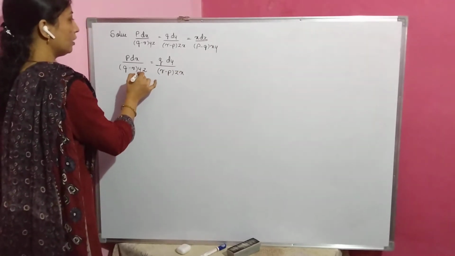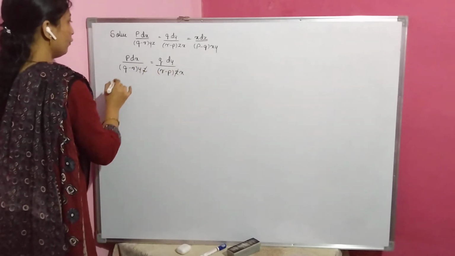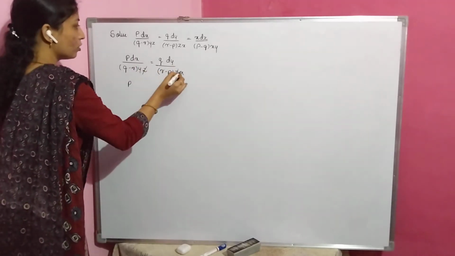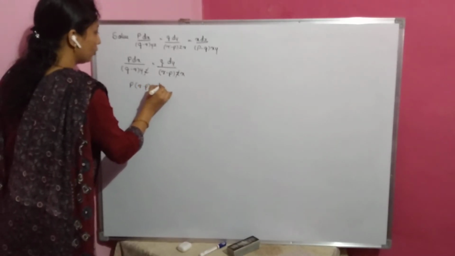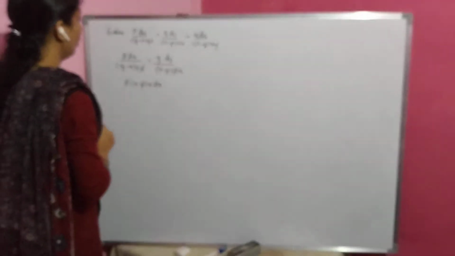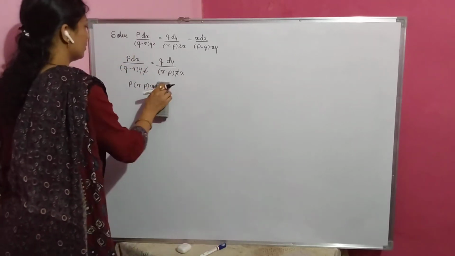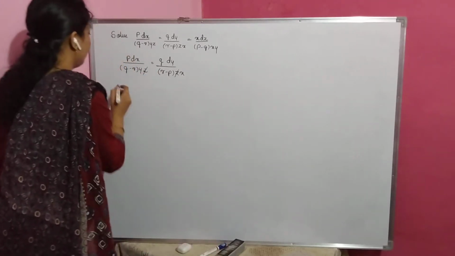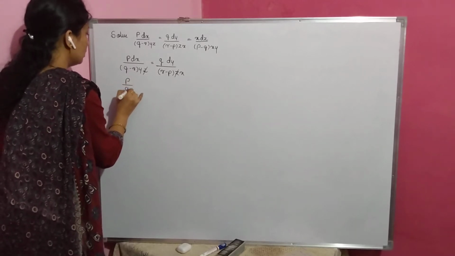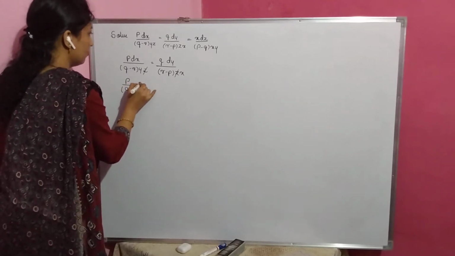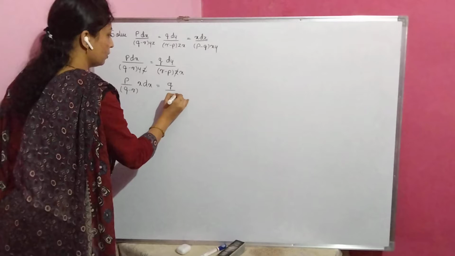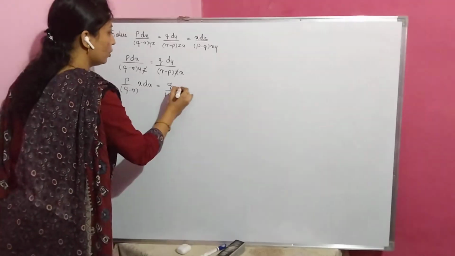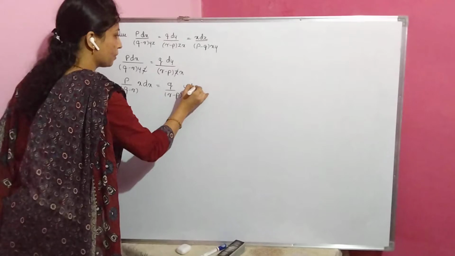So again here the term Z gets cancelled. Then cross multiplying the terms, we can write as it is, P divided by Q minus R, X with respect to X, is equal to Q divided by R minus P, and bring this y to the RHS, then it is y with respect to y.